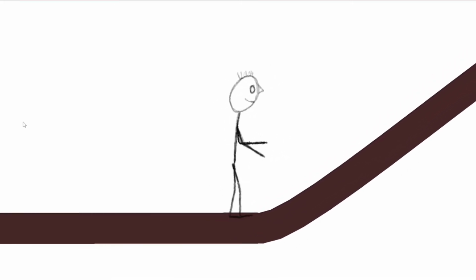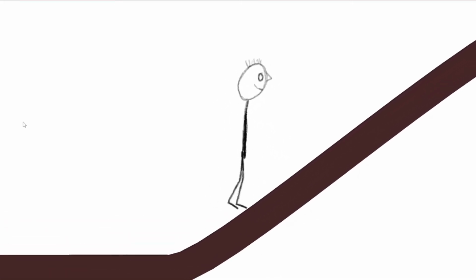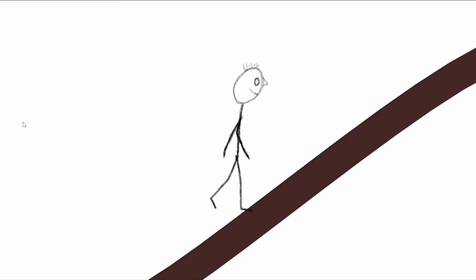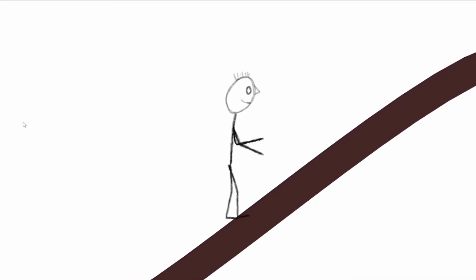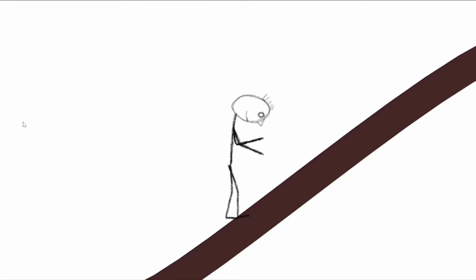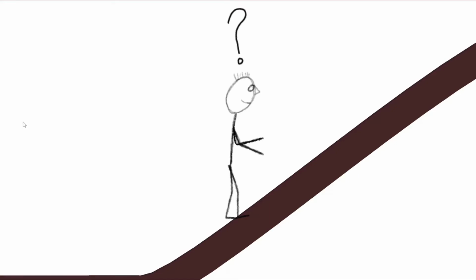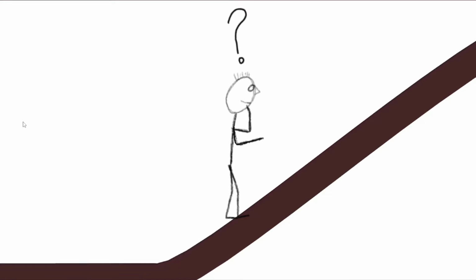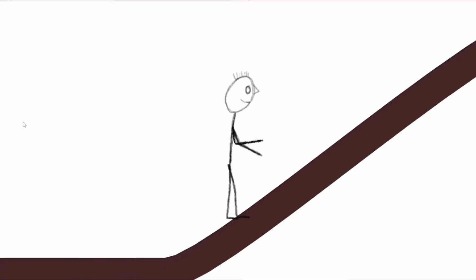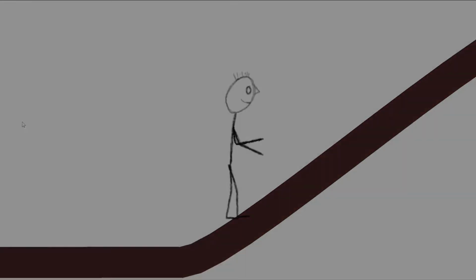Notice how it's all fine when he walks on level ground, but as soon as he reaches an incline, he starts walking on air. Don't worry, Stickman, we've got you covered.